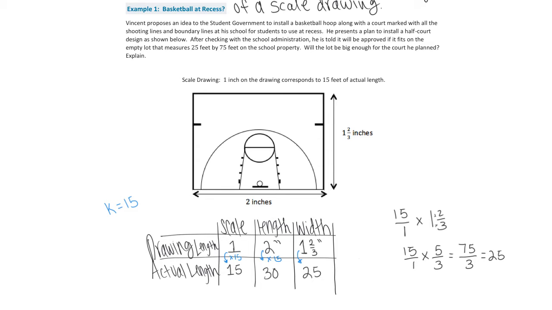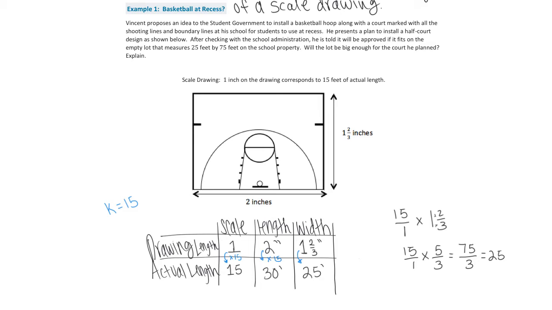We have to understand that we're going from inches to feet because in our calculation up here it says 1 inch for 15 feet. So now we have 30 feet for 2 inches and 25 feet for 1 2/3 inches. Now that we have figured out our dimensions in the table, we need to look back at what our question is asking us.